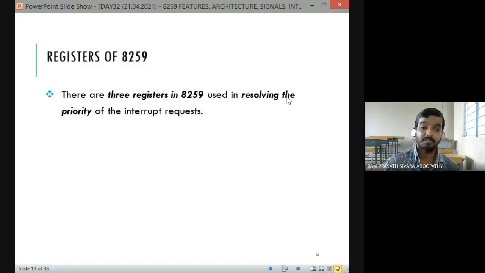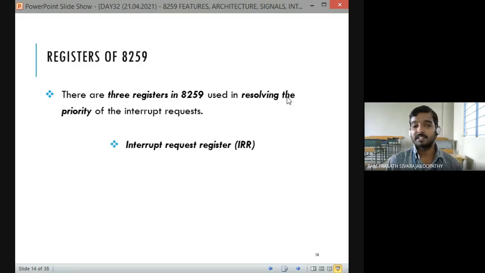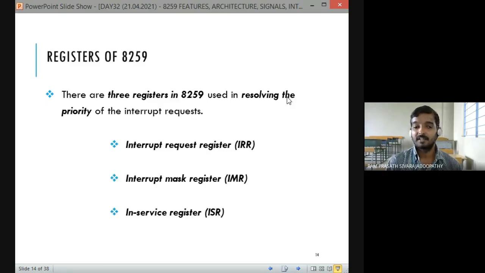Yes, we'll proceed. Okay. In the architecture diagram, let us see the role of these three registers. There are 3 registers in 8259 which are used when resolving the priority of the interrupt by the priority resolver. What are the 3 registers? IRR, IMR and ISR. On seeing the name itself, you can understand.